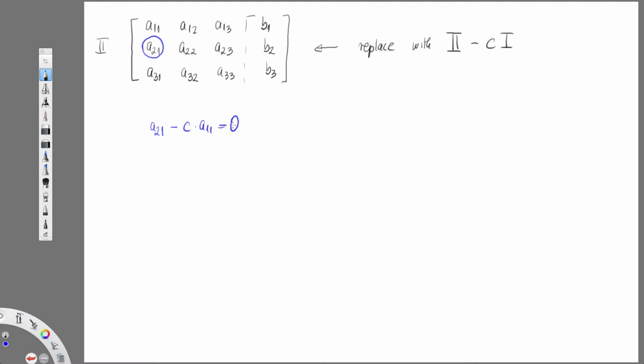Is everybody following what I'm doing? In order to make that position 0, I want this entire row minus some coefficient times the first row.